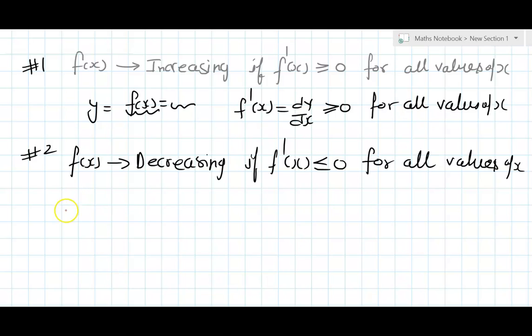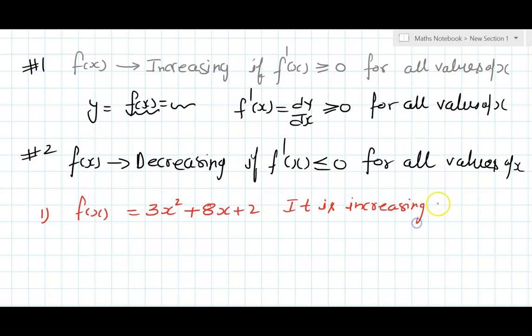if f(x) equal to, question number 1, you need not do it, just have a look here. f(x) equal to 3x square plus 8x plus 2, and it is given it is an increasing function.